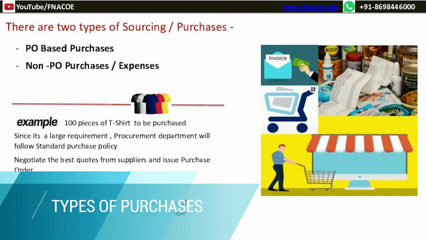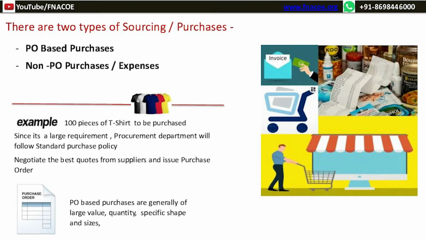In this module, we'll talk about non-PO based sourcing. When we deal with suppliers, we do two types of purchases: PO based purchases and non-PO based purchases. PO based purchases are generally of large value, quantity, and specific shapes and sizes. Let's take an example: 100 t-shirts to be purchased for office staff.